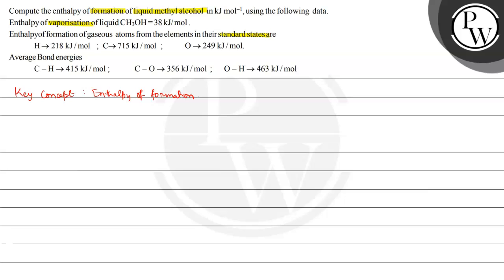That means carbon in its standard state, carbon solid plus hydrogen in its standard state, so 2H2 gas plus oxygen in its standard state, एक ऑक्सीजन है इसमें, so half O2 gas combine to form CH3OH liquid. Now हमें ये जो रिएक्शन है इसके स्टेप्स को ब्रेक डाउन करना पड़ेगा.